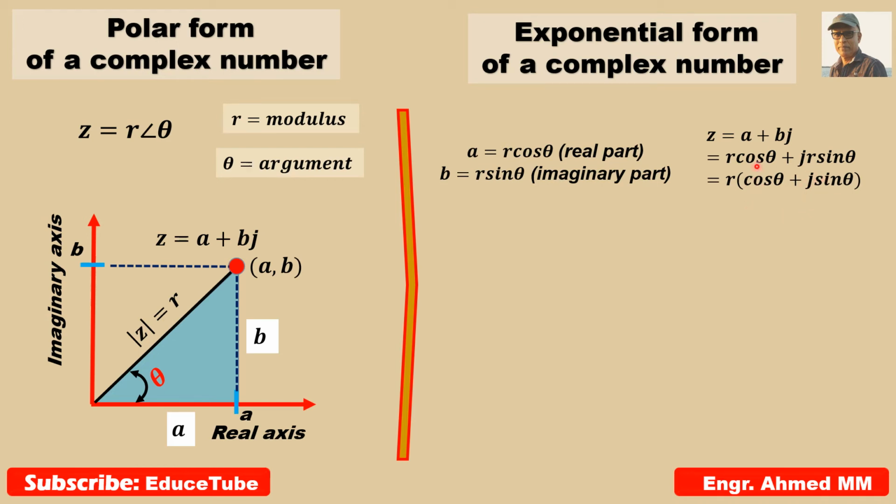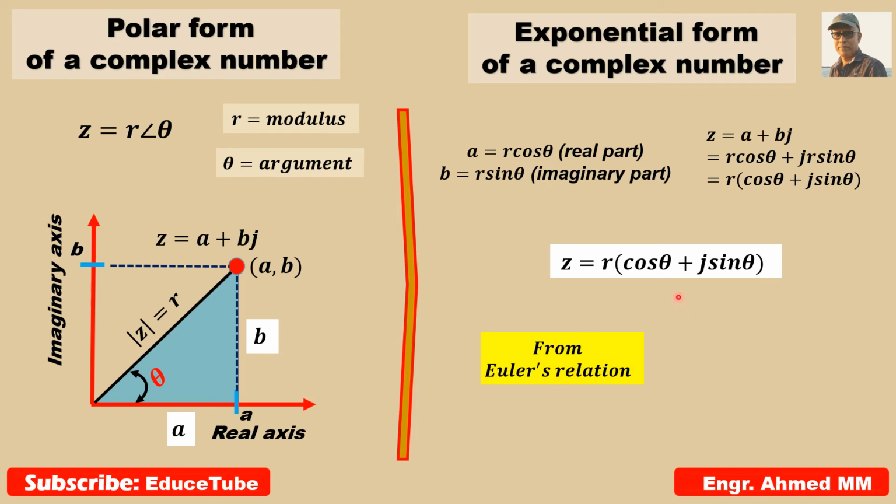On one side it was e to the power j theta, the exponential term, and the right-hand side was the trigonometrical term.